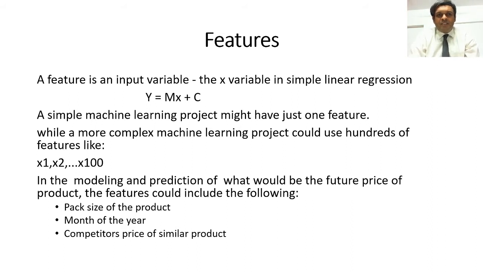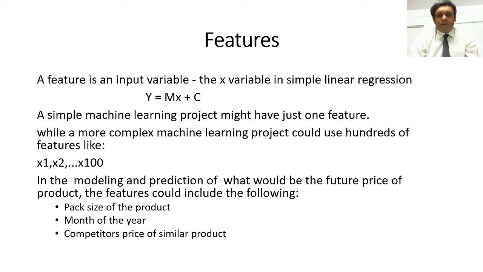A simple machine learning project might have just one feature, like a linear regression equation that has only one variable x. Whereas a more complex machine learning project could use hundreds of features to predict a particular output y.